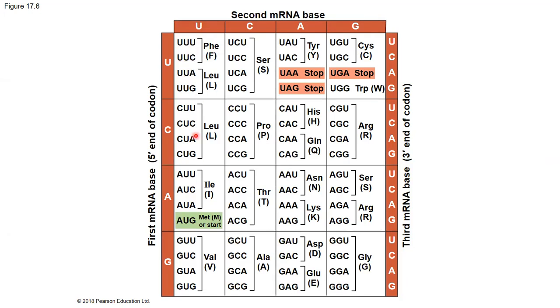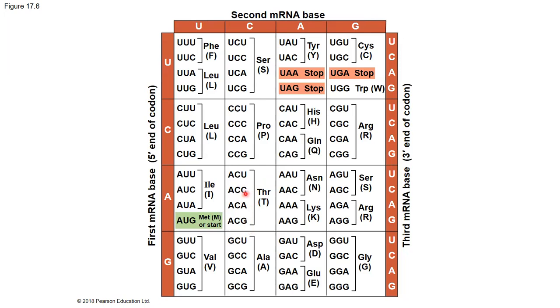So as you can see, more than 1 codon or triplet code could be specifying the same amino acid. So the amino acid leucine is specified by 4 different codons. Valine, 4 different codons. Histidine, 2 different codons. Glutamine, 2 different codons.